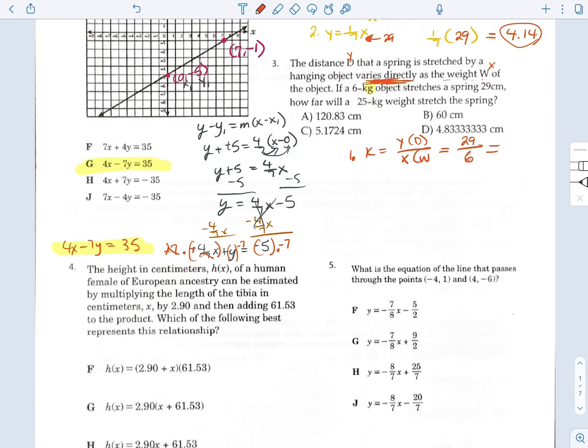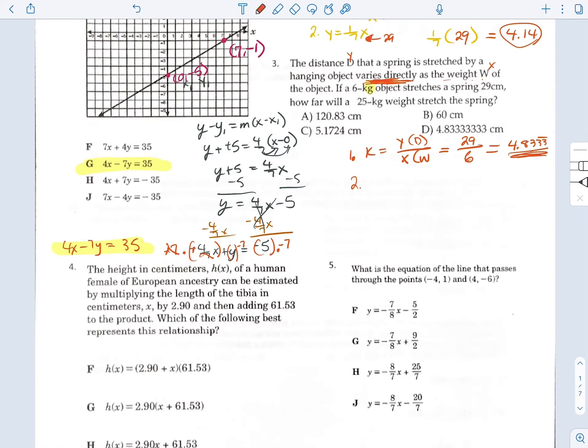All right, so we divide that, and in our calculator, we're going to get something like 4.8333 repeating. All right, but that's our K, right? That's our K. What we want, though, is how far a 25 kilogram weight stretches the spring, right?